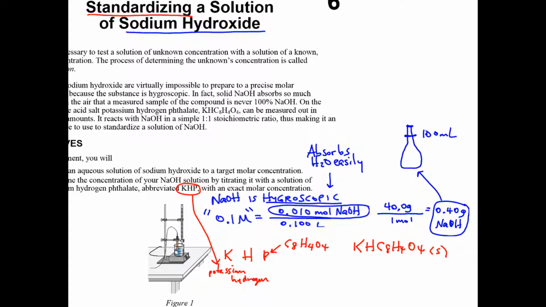And the nice thing about this is one H reacts with one OH to make water. They react in a 1-to-1 ratio. So that's the important thing you need to understand. So what you're going to do is figure out how much of the potassium hydrogen phthalate you're going to need to react with this 0.01 moles.